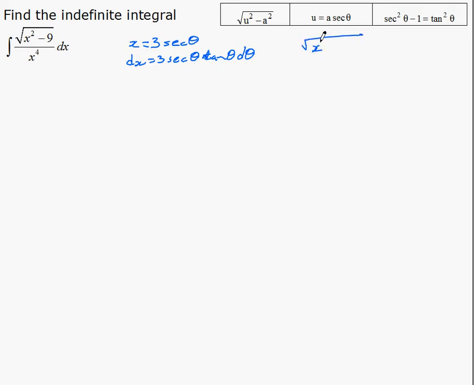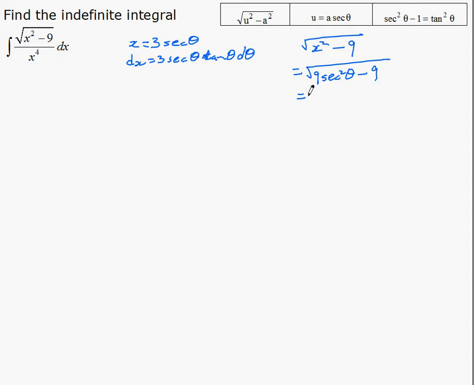We'll just take the square root of x squared minus 9 over here and simplify it first. That gives us x squared is 3 squared, 9 secant squared theta minus 9. We're going to factor out the 9.